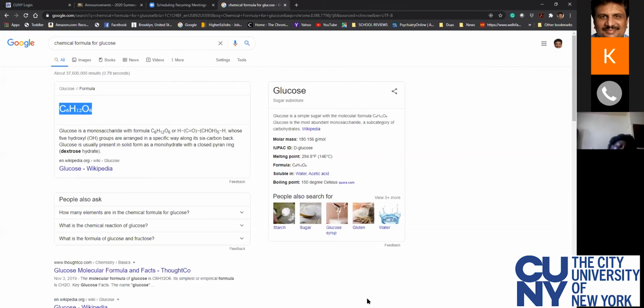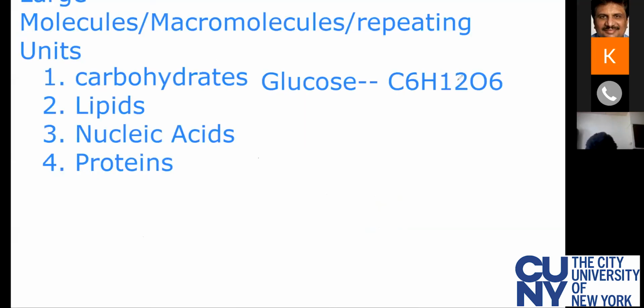So what is the total number of atoms in a glucose molecule? 6 carbon, 12 hydrogen, 6 plus 12 is 18, and 6 oxygen, 18 plus 6 is 24.